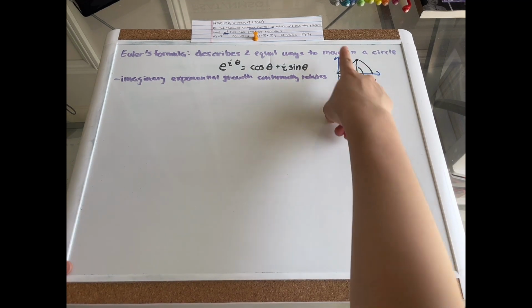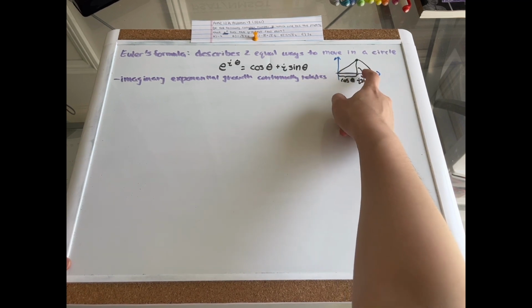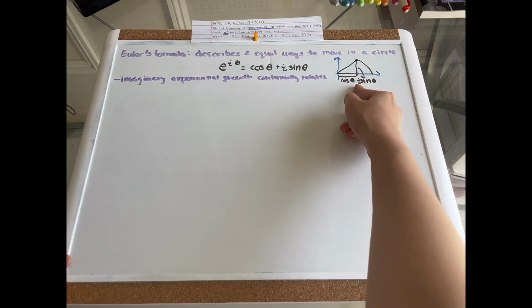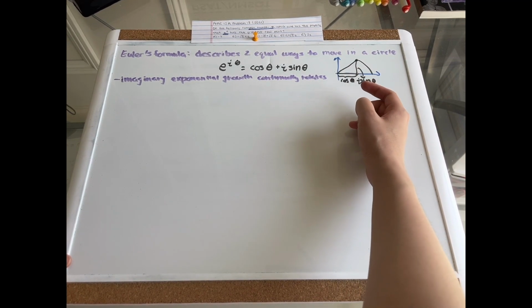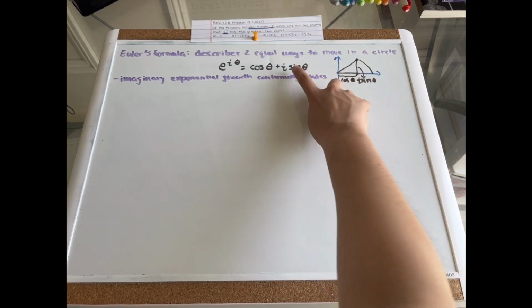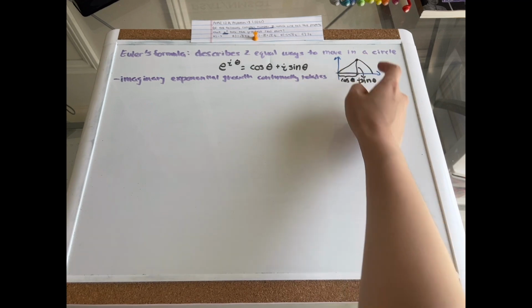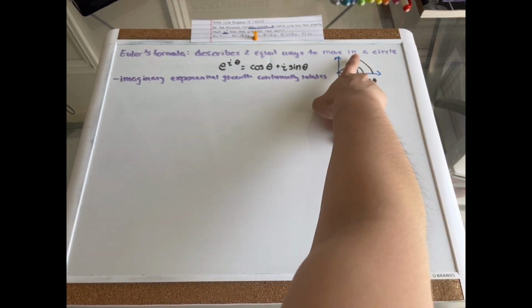So here is my x-axis and y-axis, and cosine, like always, is the x value, and sine is the y value. But here, sine is times i, so this is an imaginary y value. Now, this point right here is cosine theta plus i times sine theta. This point is the result of rotating up to here.